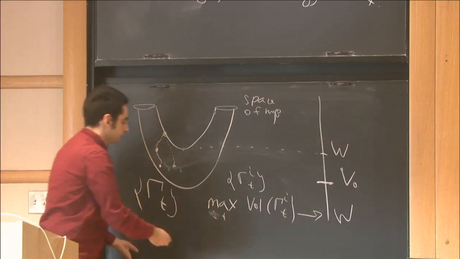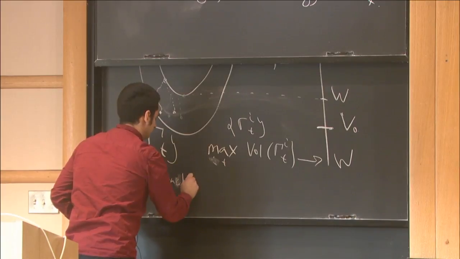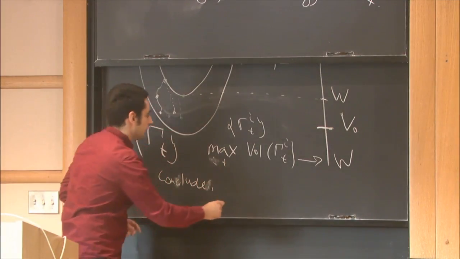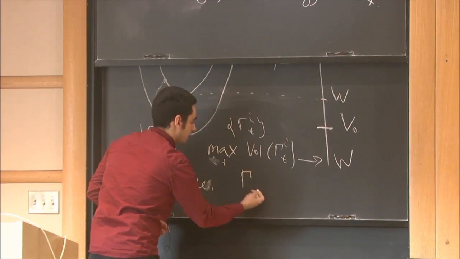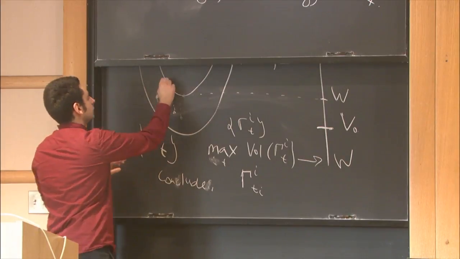So you conclude that there exists a sequence of maximal area hypersurfaces. So they are maximal area in their corresponding families.